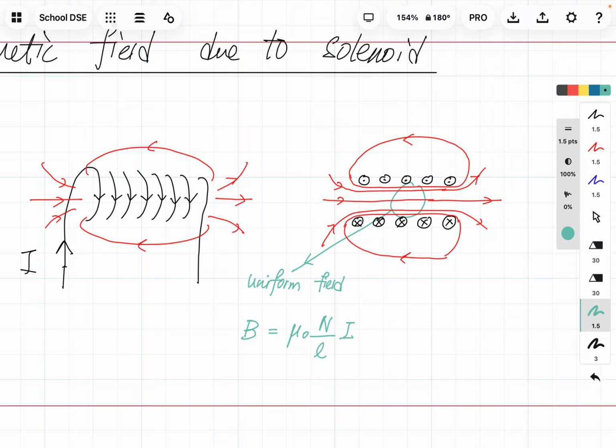Some people will say, okay, you want to have cancellation inside, so therefore you need to have more turns inside. But actually that's not true, you don't have to. All I need is the ratio of the turns to the length. That means the number of turns per unit length needs to be the same.